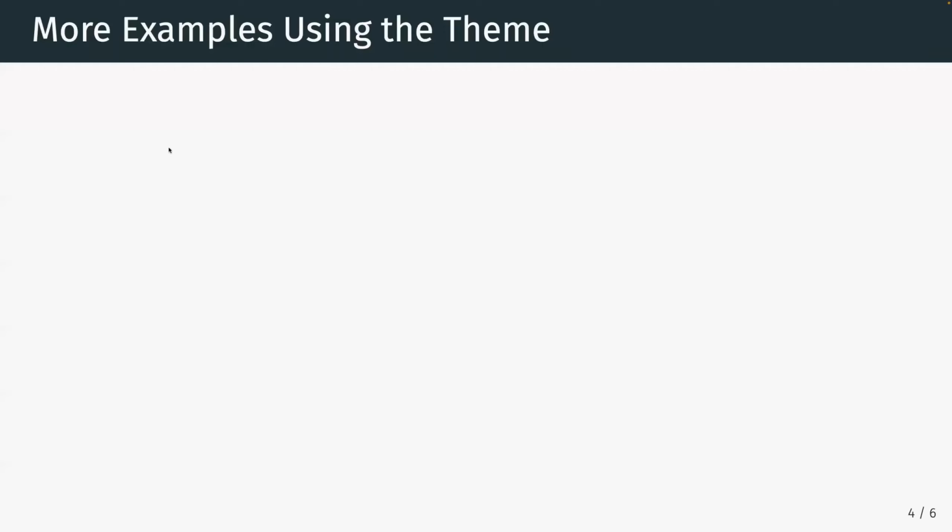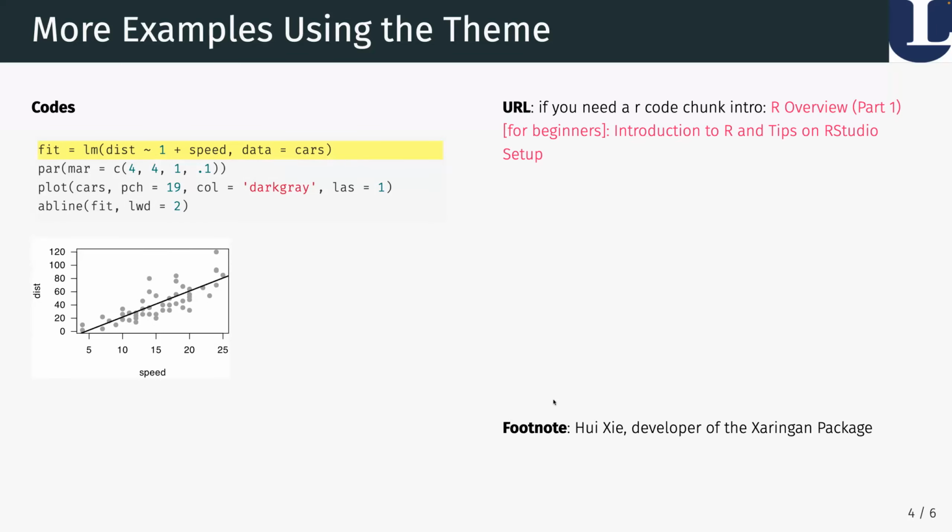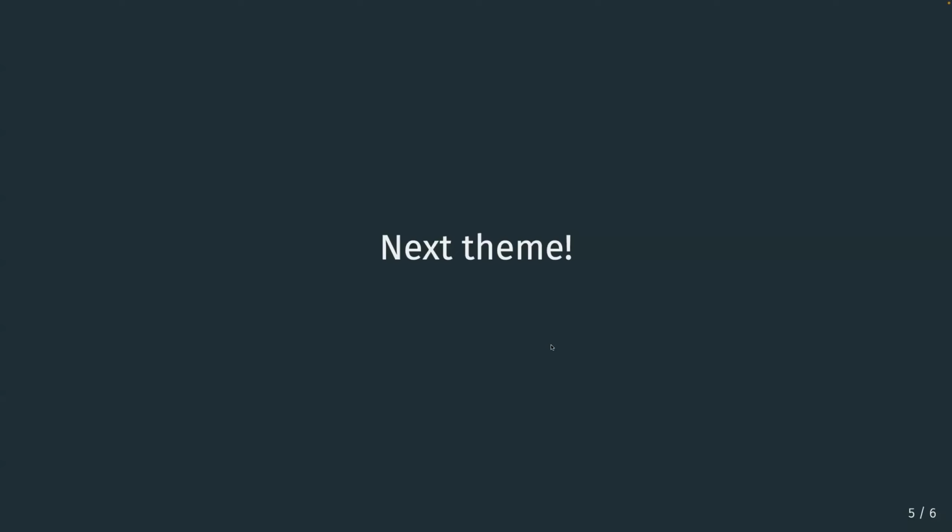Metropolis as the theme, a few more examples. It has this bar for the slide title, which is somehow more highlighted than in other themes. So the code, the URL, and the footnote. I think I like it. And then next.